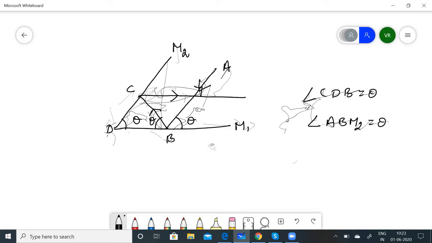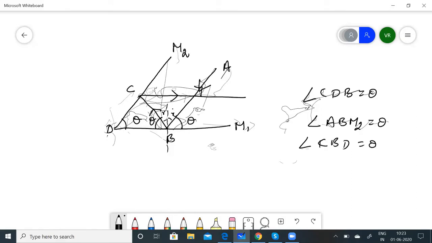Then if I draw the normal here, this is the angle of incidence and this is the angle of reflection. So angle of incidence is equal to angle of reflection, so the other angle also will be equal to theta. That is, angle CBD is also equal to theta.